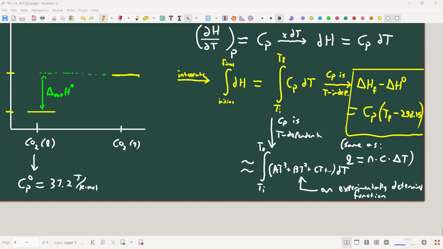Hold on, I don't like the values it's giving me. Just a sec, sorry. Oh, okay, great.